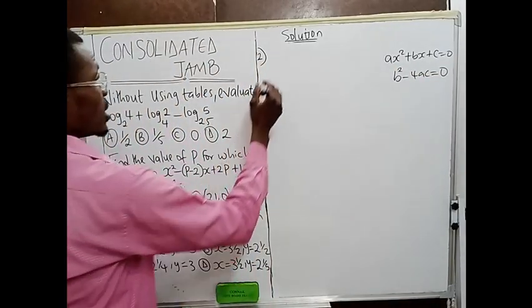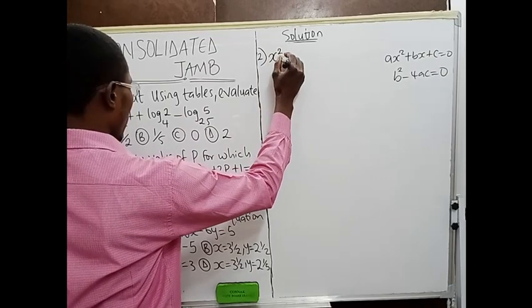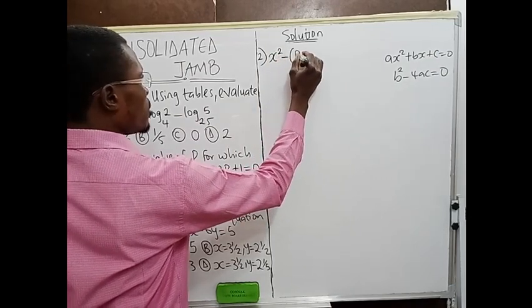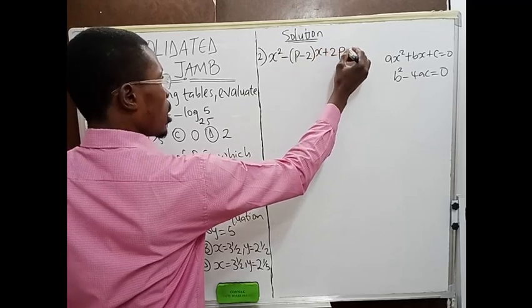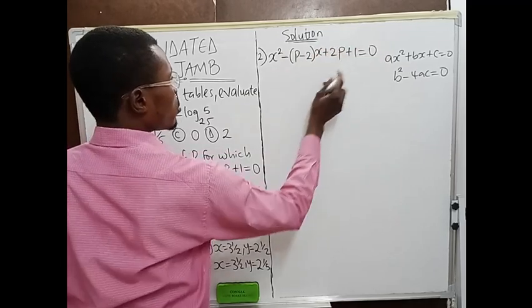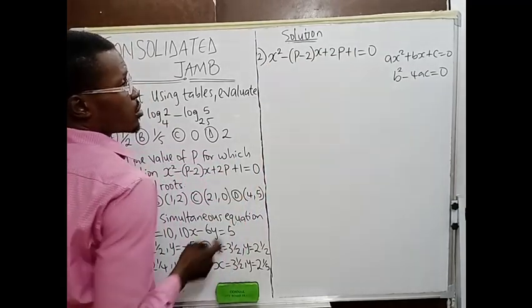So compare it with this now. We have x squared minus (p minus 2)x plus 2p plus 1 equals 0. This is a function of x.